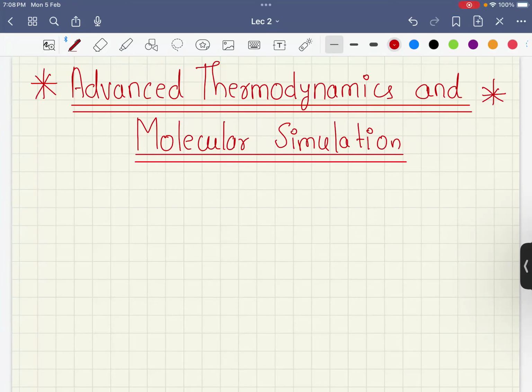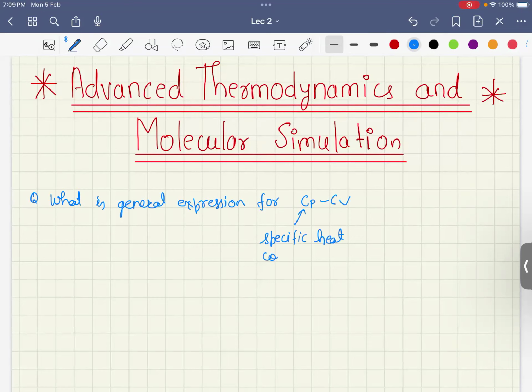I hope you are familiar with the first law of thermodynamics. From that only I will start. The problem statement is: what is the general expression for CP minus CV, where CP is the specific heat at constant pressure and CV is the specific heat at constant volume?